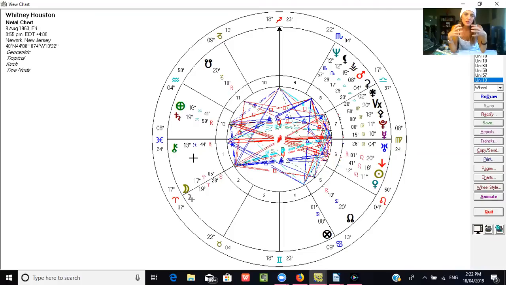Strong Pisces energy can frequently be experienced as such a yearning for the divine, for spiritual connection and experience, and the conflict between that and being human and all the desires that a human has in terms of sexuality or substance usage. And in Whitney's case, that comes in very heavily.